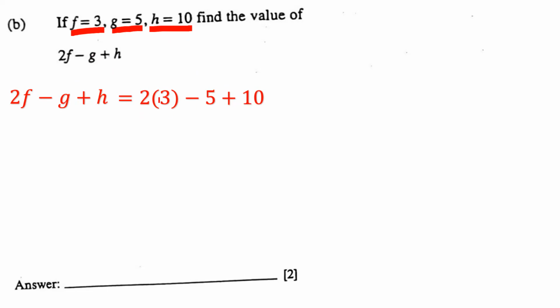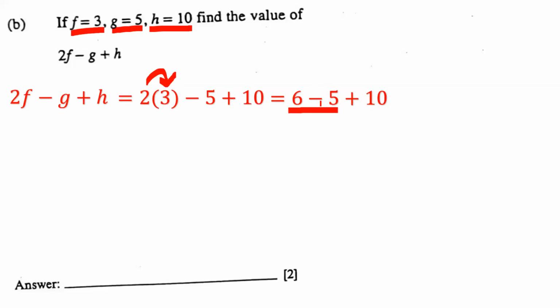So we have to multiply. This means multiplication. Once you see them side by side to each other like that, that means multiplication. So we have to do 2 times 3. What is 2 times 3? 2 times 3 is definitely 6. We keep the negative 5, we keep the positive 10. So we have 6 minus 5 plus 10. What is 6 minus 5?